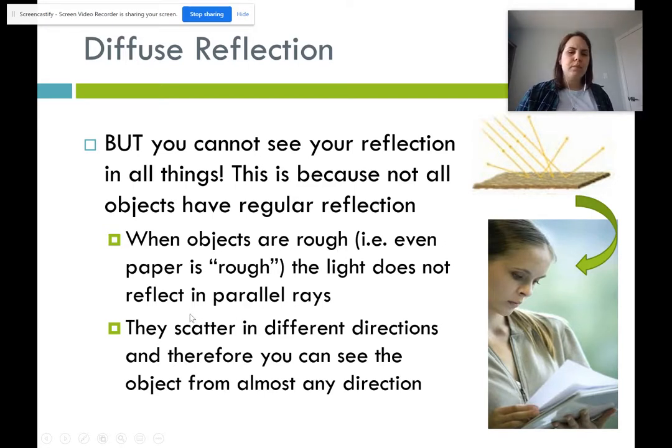When the light scatters in random directions, that information can't all reflect back into your eyes, so you're not going to be able to see an image. That's why when I look into things that aren't like mirrors, I'm not going to be able to see my reflection, because it follows what's called diffuse reflection instead of regular reflection. It has to do with what happens to the rays of light when they bounce off that object.